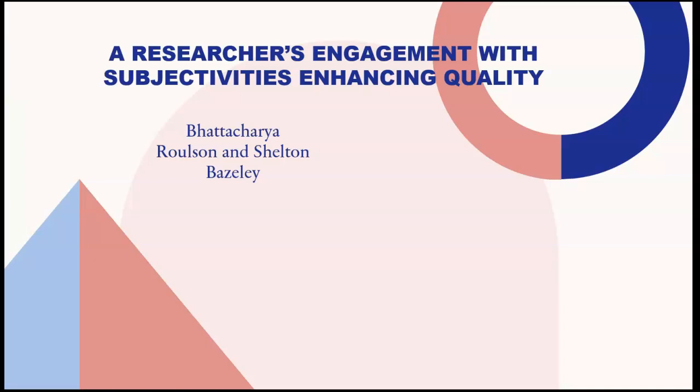Rolson and Shelton's article discussed the idea that a study would be of better quality because qualitative researchers who successfully address their subjectivities, usually by using the theoretical frameworks, the paradigms, their epistemological or ontological assumptions as support for handling the data and the analysis, can all create a very successful qualitative study.